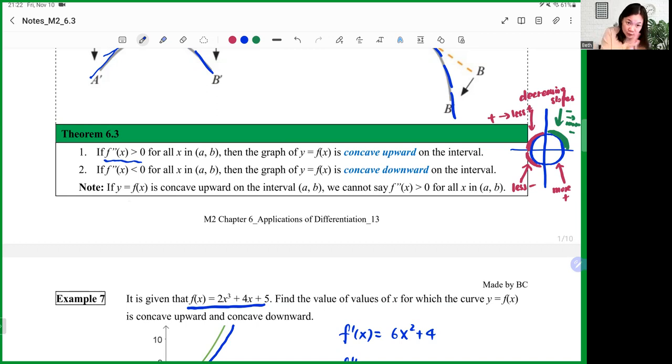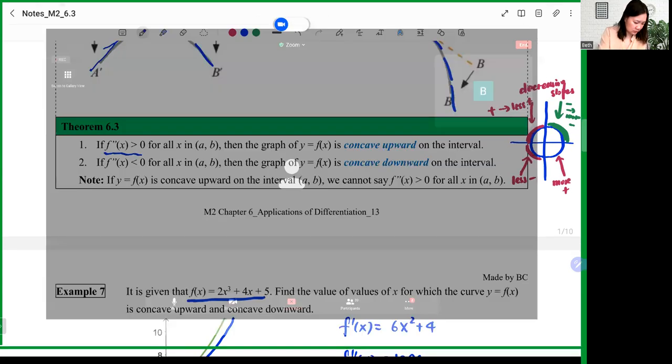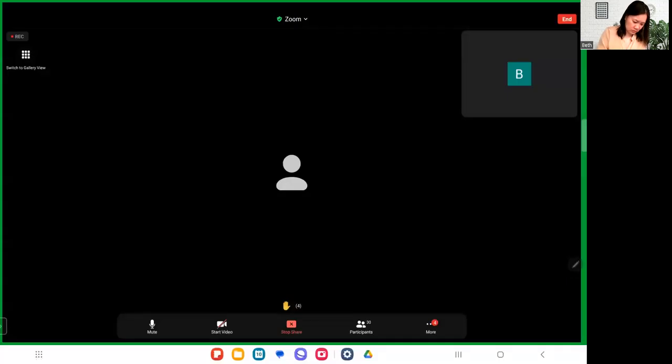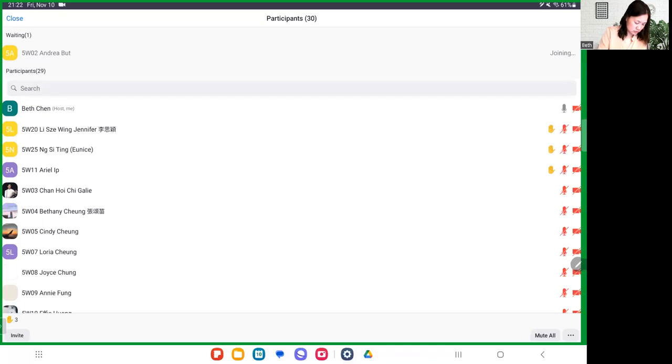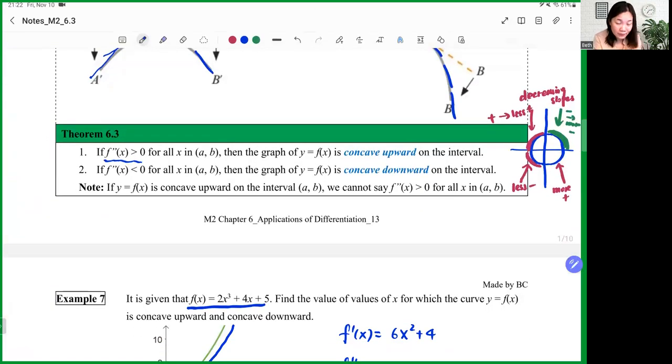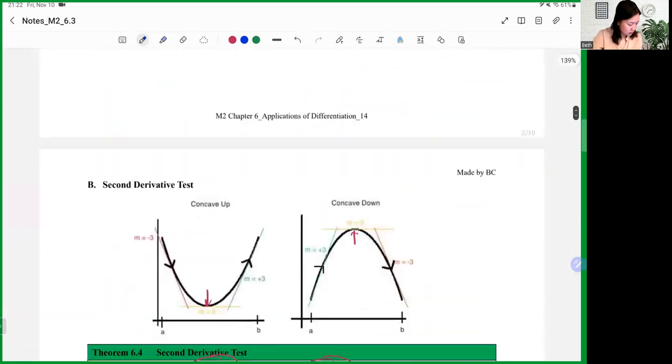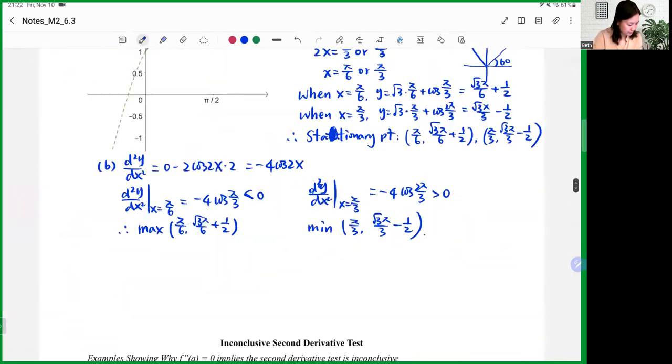But if we say it backwards, it's not true, which means that if it's concave up, it doesn't mean it's positive. It can also sometimes be 0. Now, let me show you an example in the next one.